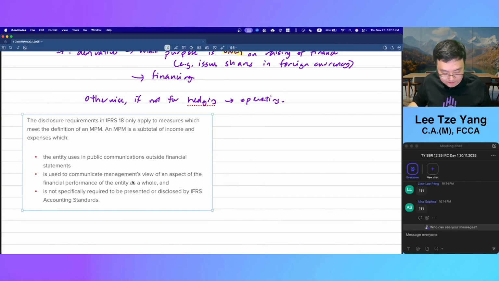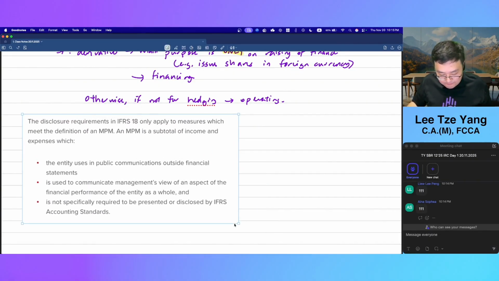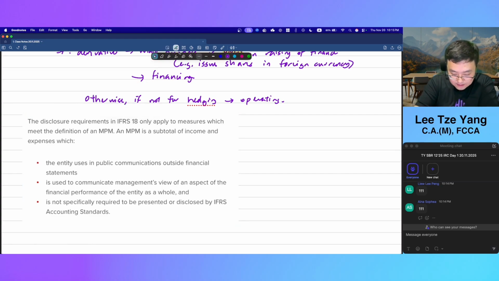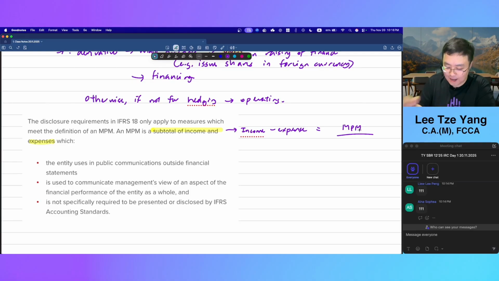See this, everyone: MPM is a subtotal of income and expense. Meaning to say, it must be income minus expense, and you get a total. This total is called MPM.